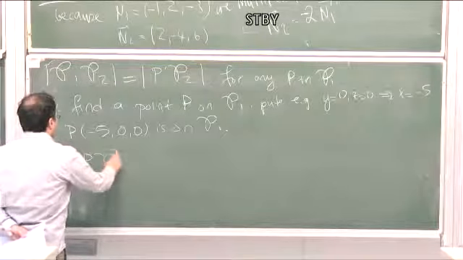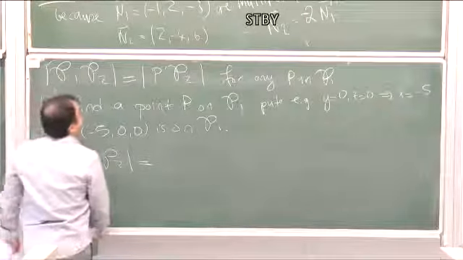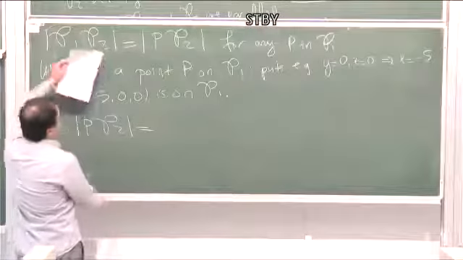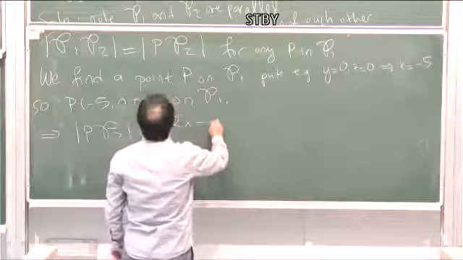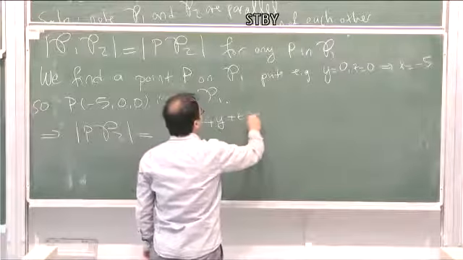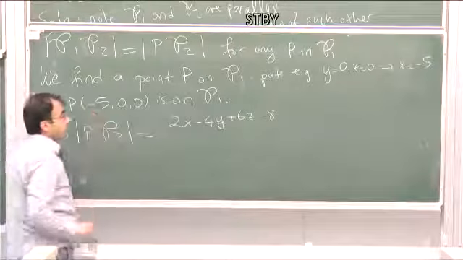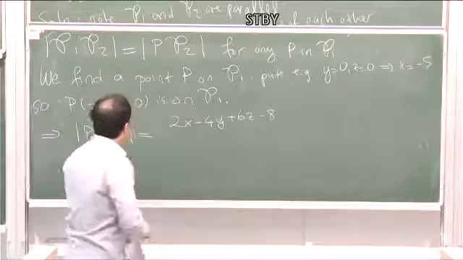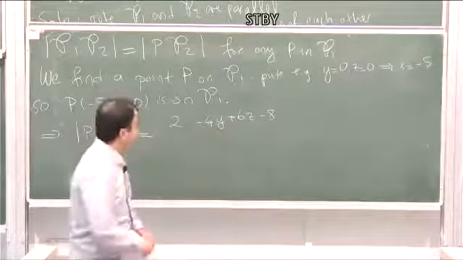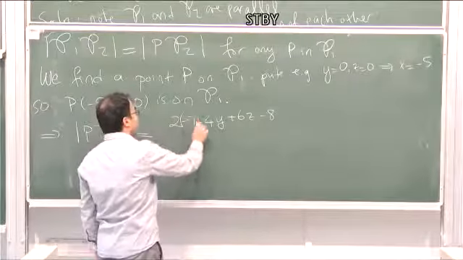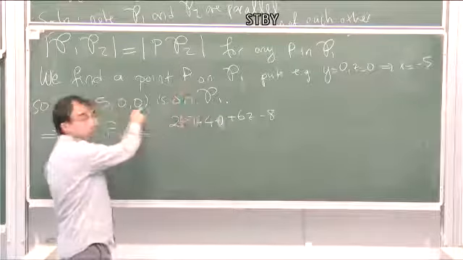Let's now compute its distance to the second plane. So now I'm computing the distance from P to the plane P2. And you remember what we do? I'm going to take the equation 2x minus 4y plus 6z minus 8, and put this point P into this equation. So I'm going to put x equals minus 5, y equals 0, and z equals 0.